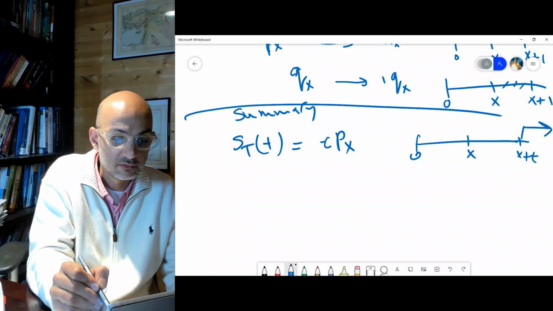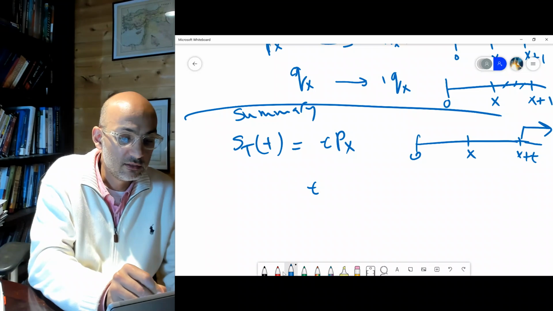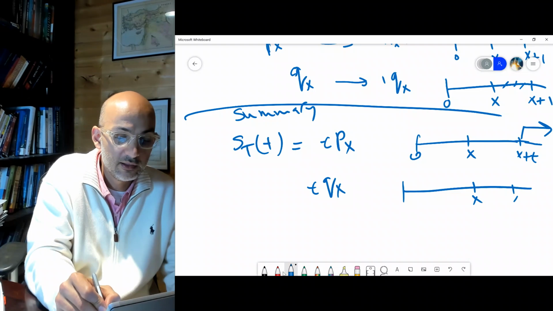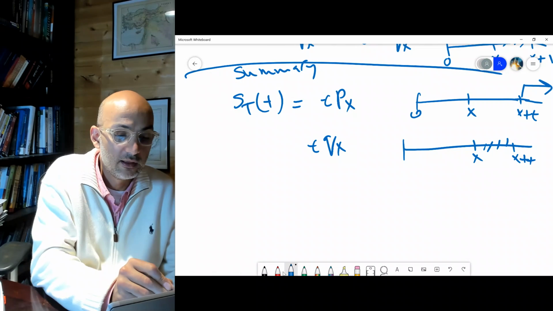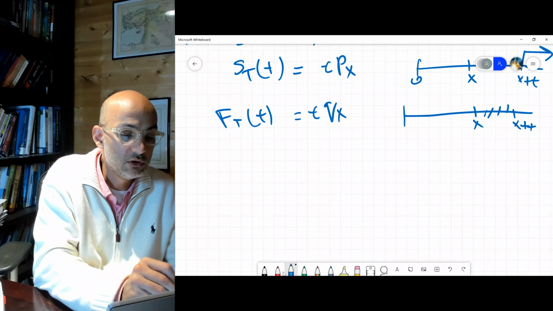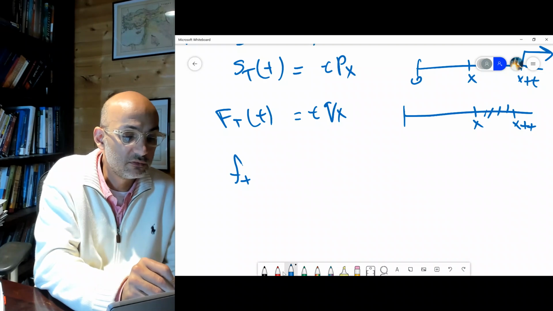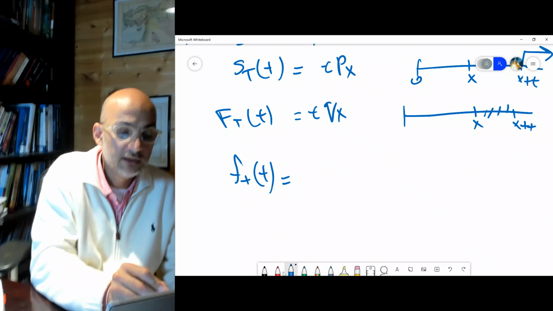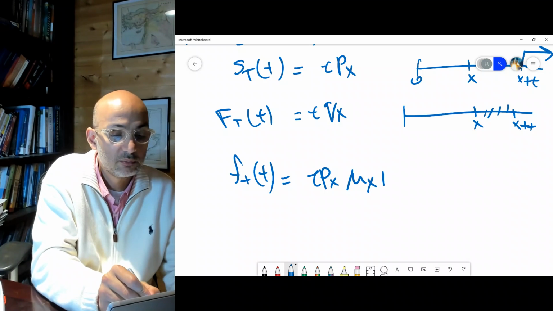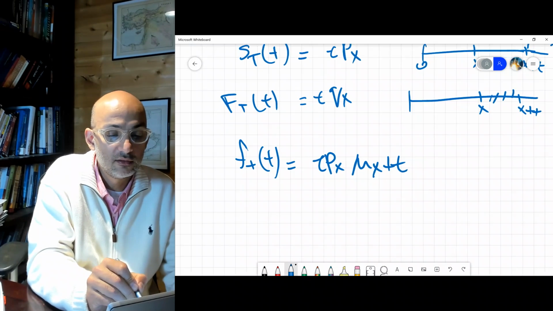Then we looked at tqx, death happens between x and x plus t, right? And this is the F of t. Then we looked at the density function of t, and we defined it in multiple ways, but the tpx mu x plus t. We looked at it this way, right?